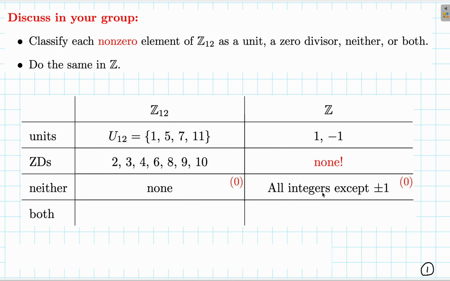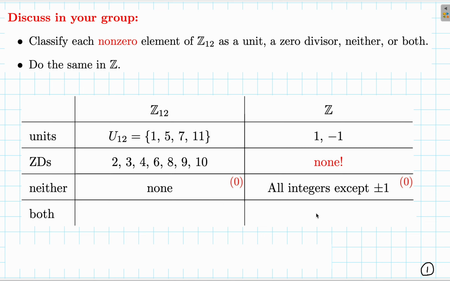What about the integers? Well, 1 and -1 are units, no zero divisors, so all integers besides +1, -1, and 0 are neither a unit nor zero divisors. So almost all integers are neither a unit nor zero divisor.